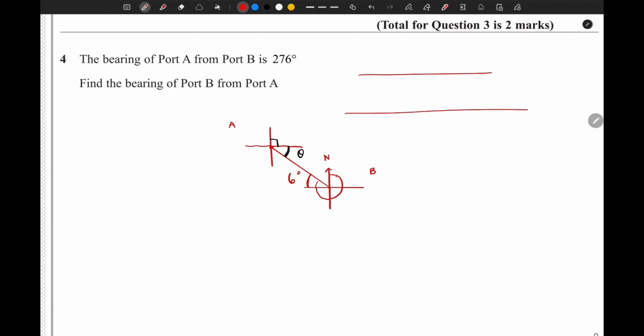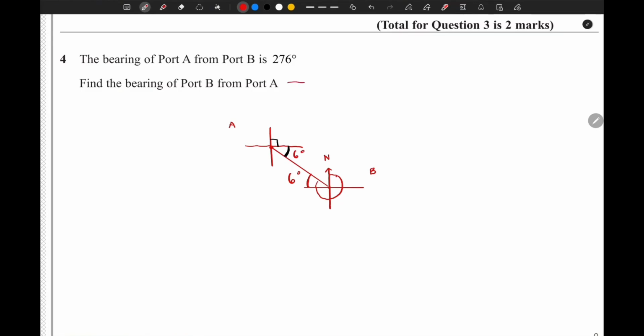And from the parallel line concept, if two lines are parallel and there's a line between them, this angle and this angle will be the same. So this line and this line are parallel. So if this is 6 degrees, this will be 6 degrees also.